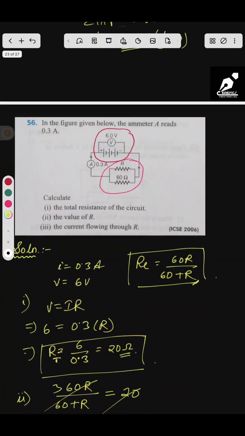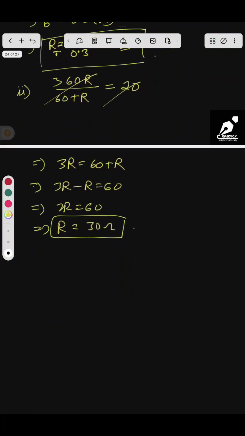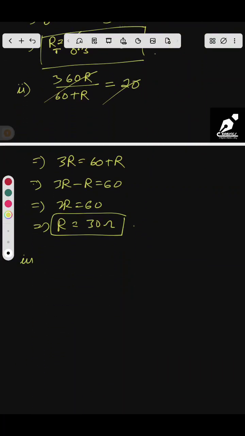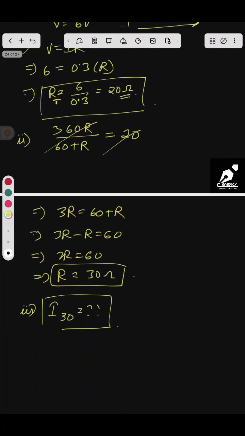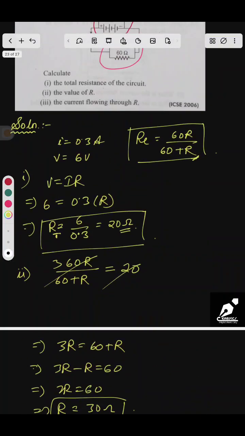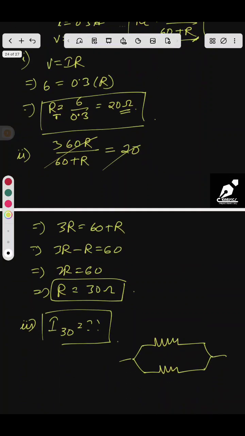Third part, the current flowing through R. Okay, that one is interesting. Current flowing through the 30 ohm resistance. So what is the diagram? R was 30 and this is 60.